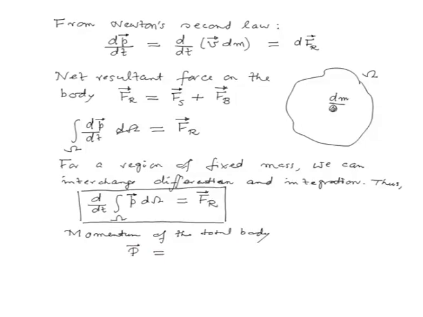So, this P would be given by integral over the entire volume dm times V or integral over omega rho V dV.